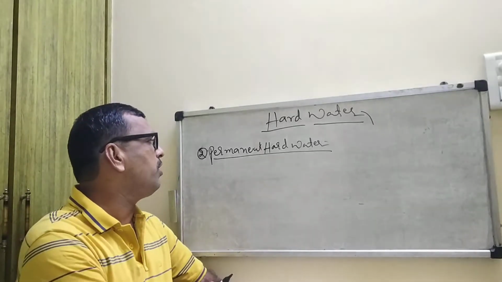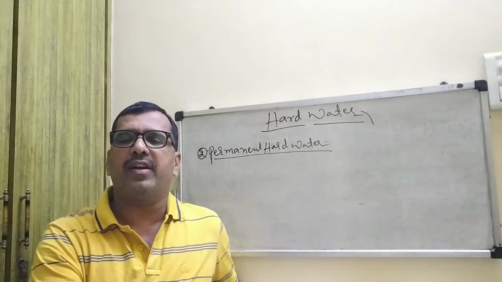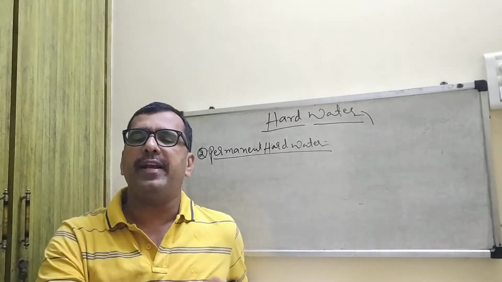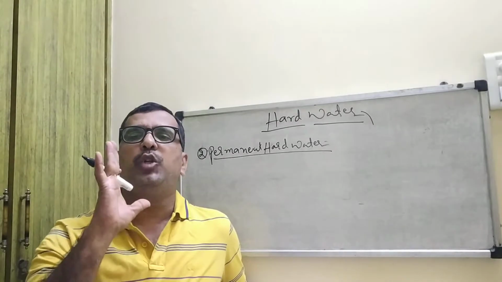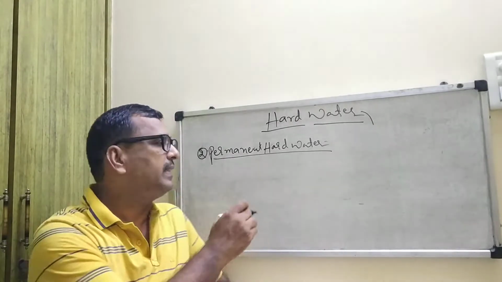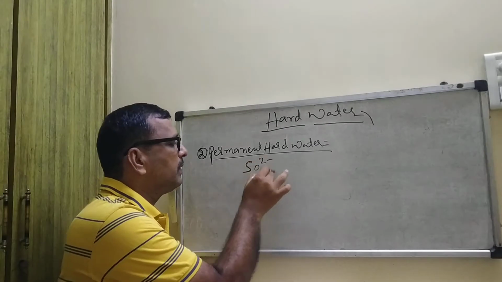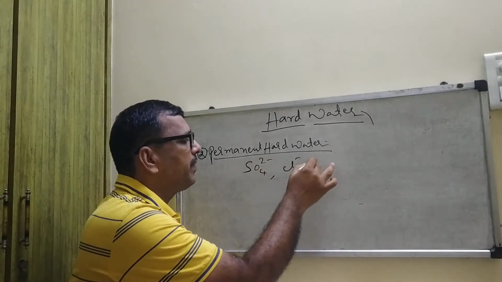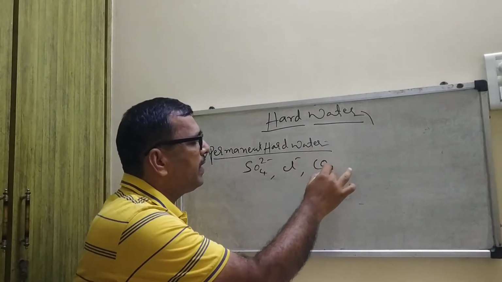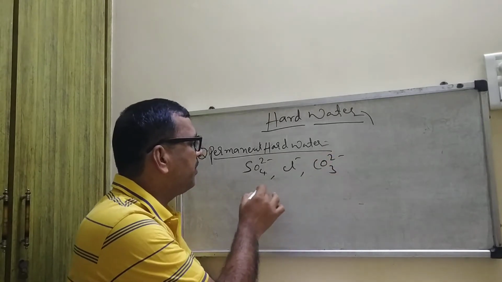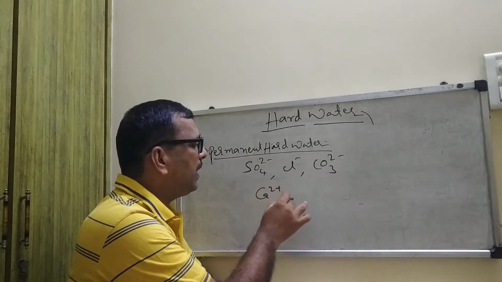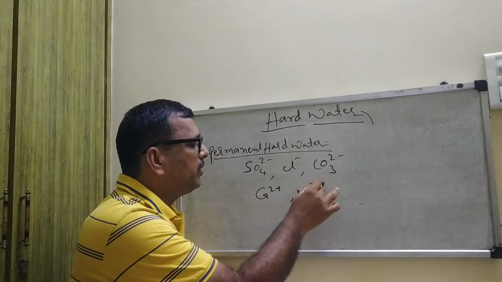Today we are going to learn about permanent hard water. What is permanent hard water? It is due to the presence of sulfates, chlorides, carbonates of calcium and magnesium salts.